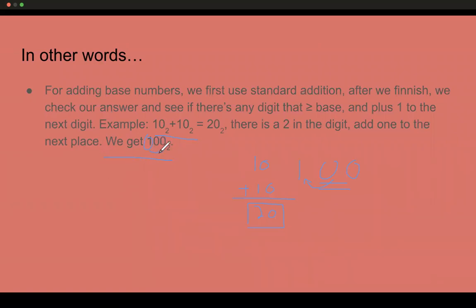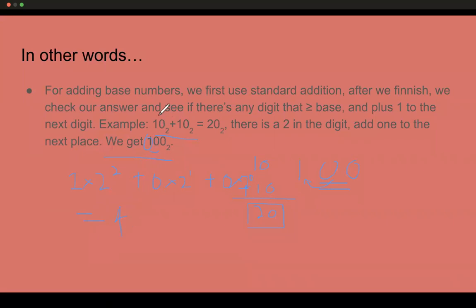Because if we convert this to base 10, it's 1 times 2 to the second power plus 0 times 2 to the first power plus 0 times 2 to the 0th power, which gives us 4.